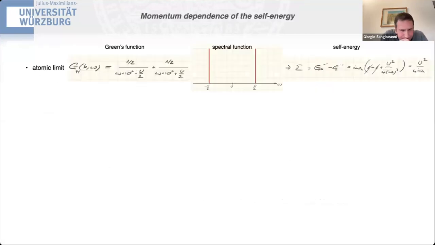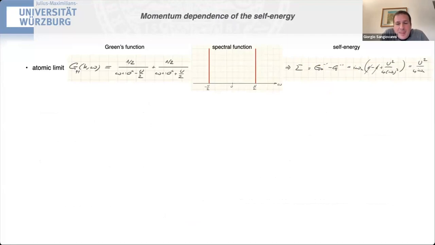So a back of the envelope Green's function calculation for the atomic limit shows that you have a spectral function made of two poles like this, and the self-energy that is associated to this has to diverge as 1 over omega.